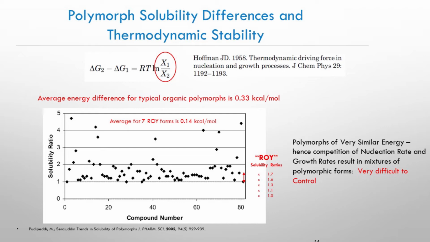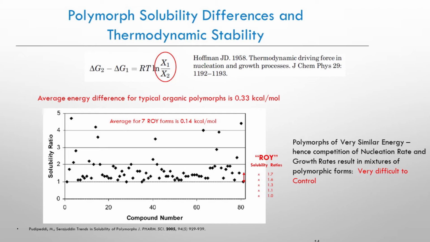And I was using the free energy difference that Leanne had measured and extrapolating it down to room temperature. This data was determined by solubility analysis. And you can use a Hoffman equation to a first approximation.